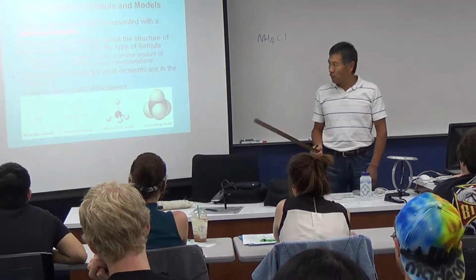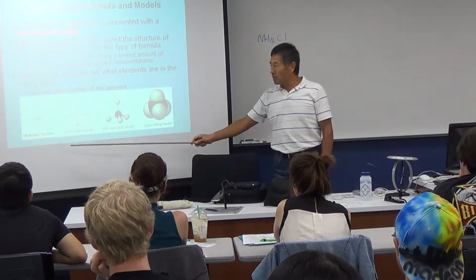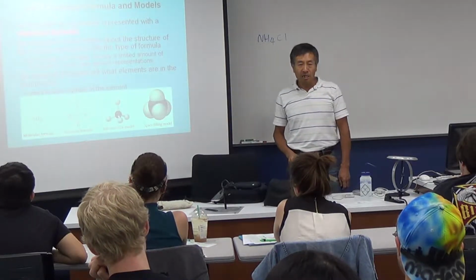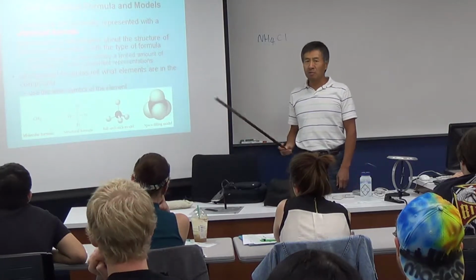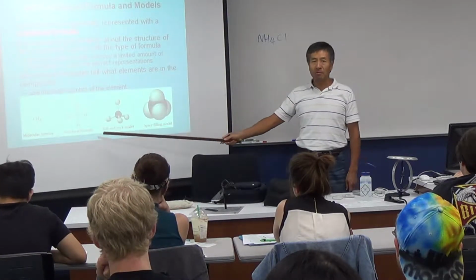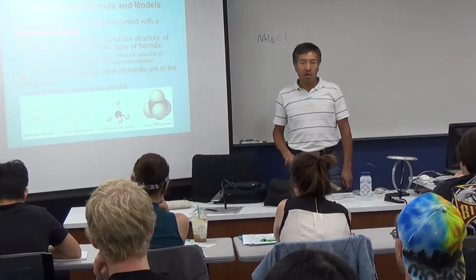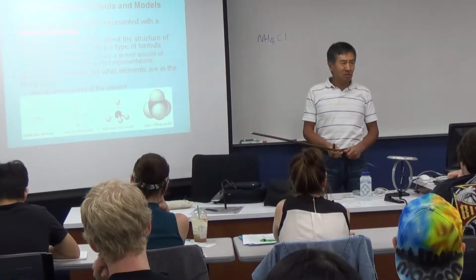Here we see a few formulas and a couple of models, such as the molecular formula and the structural formula. All those models or formulas will tell you what types of atoms are in the compound. Then, depending on what we use, we get some other information.